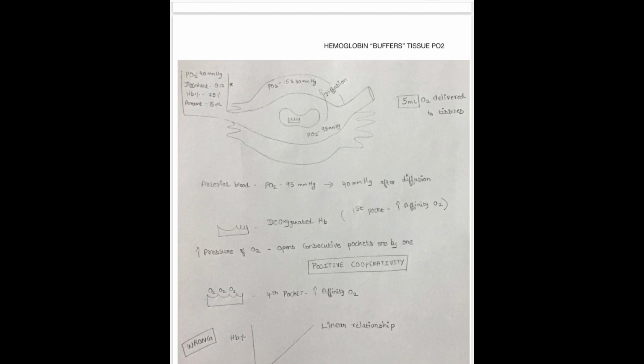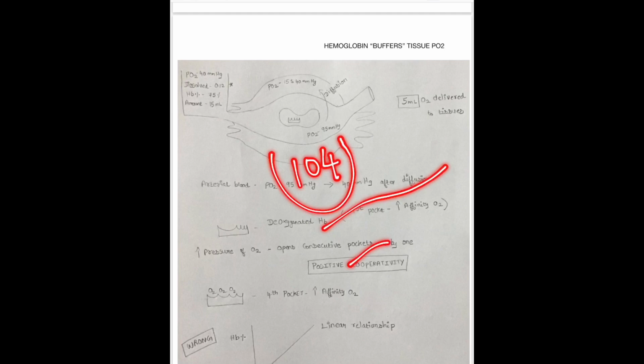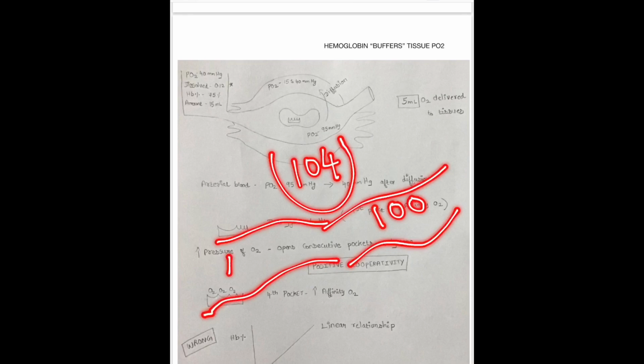So when the oxygenated blood enters the muscle tissue, always know that I forgot to discuss this one. Partial pressure means the diffusion of gases from higher gradient to lower gradient. Just know that in the lungs we have a partial pressure of 104, and in the oxygenated blood we have a partial pressure of 100. In the deoxygenated blood the partial pressure of oxygen is 40.